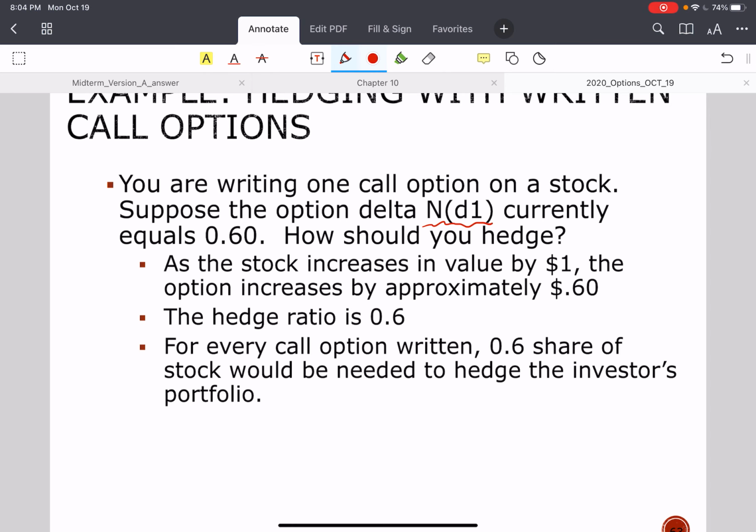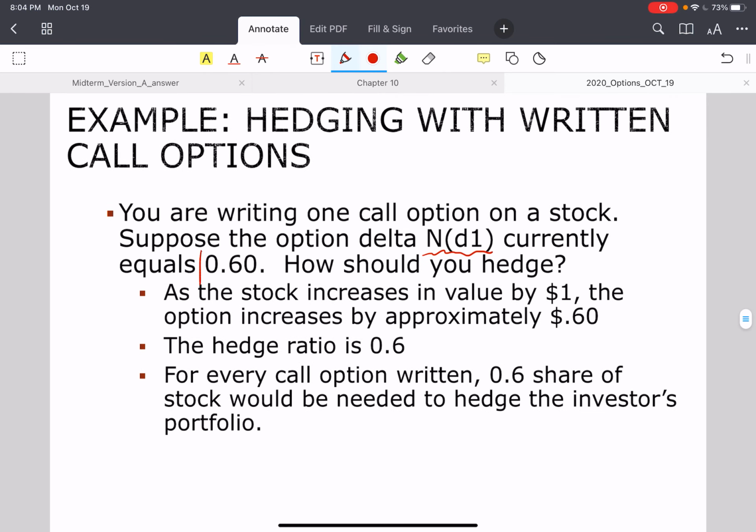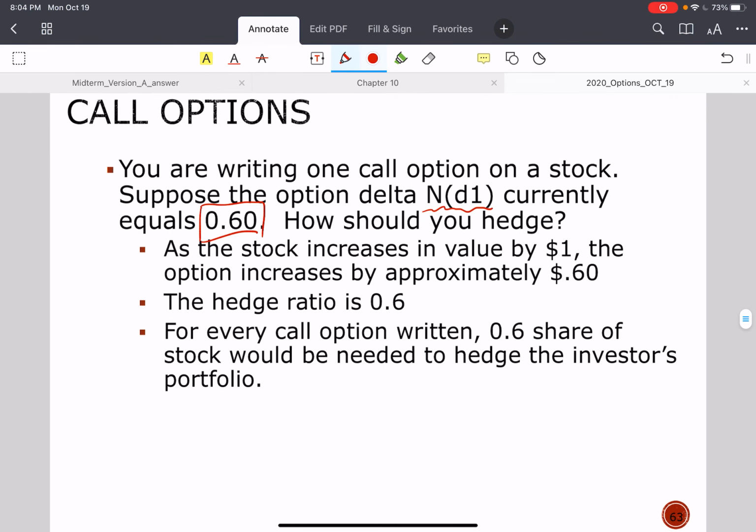Now let's see this option delta. So we know that the hedge ratio is 0.6. What does this exactly mean? It means if stock price increases by $1, then the call option price should increase by 0.6, right?